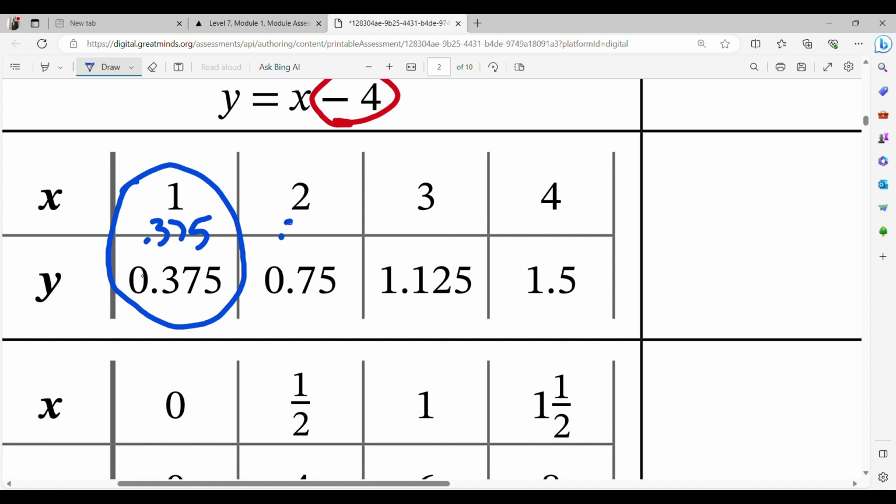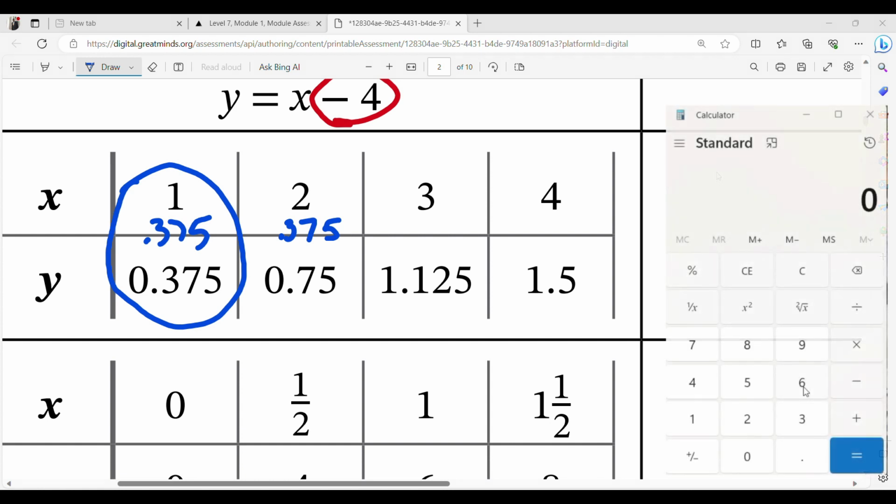So now let's test this theory again. 2 times 0.375. Bring up our calculator. Let's see if this is correct. 2 times 0.375 equals 0.75. Check. All right.